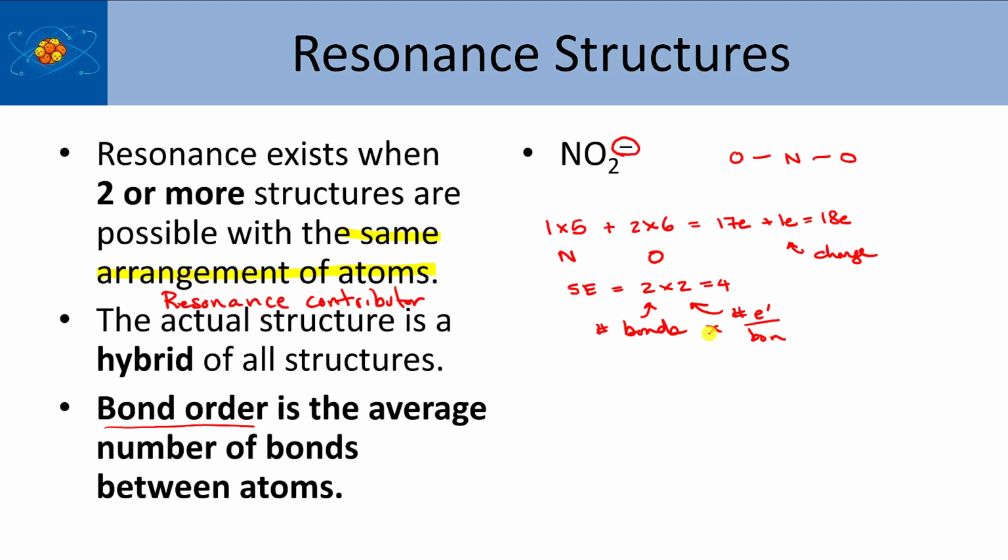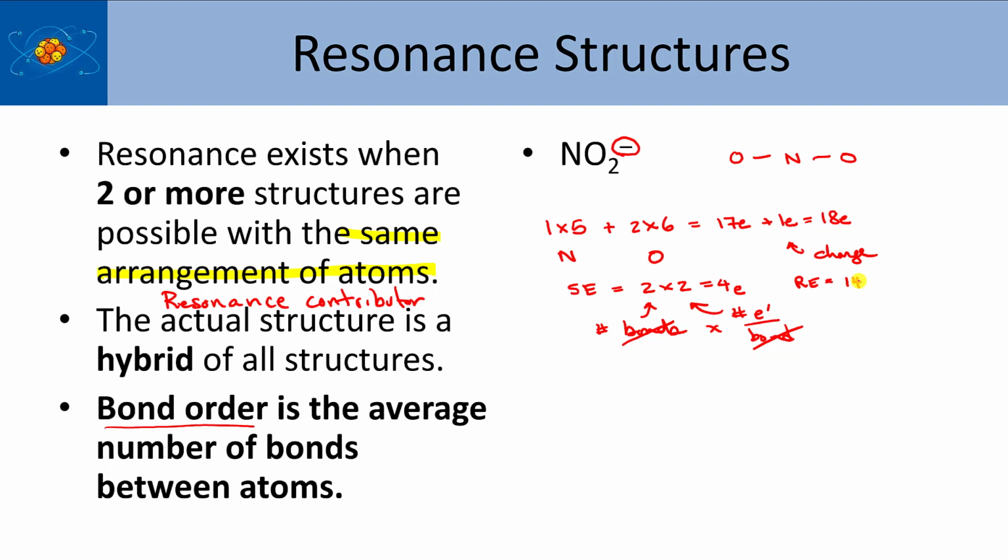So if you look at the math, the bonds will cancel and you're just left with the number of electrons. So you have 4 electrons used. And then you're just going to calculate how many you have left to distribute. And that'll leave you with a total of 14.